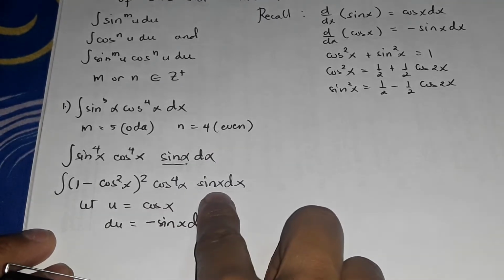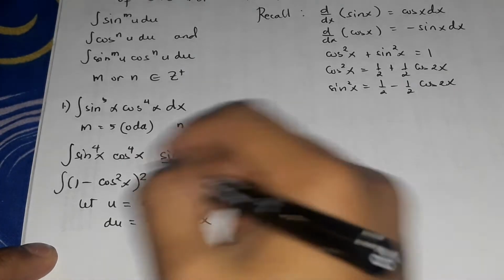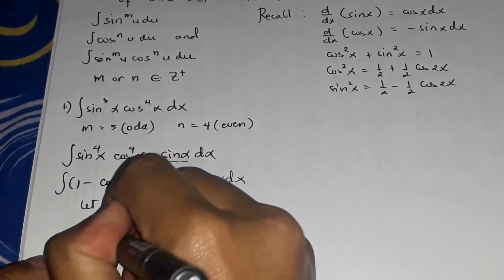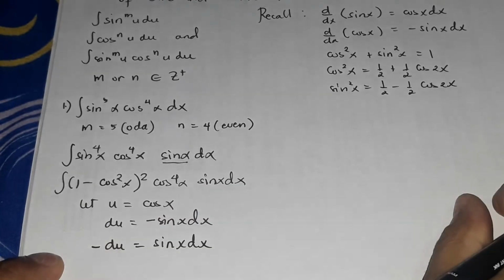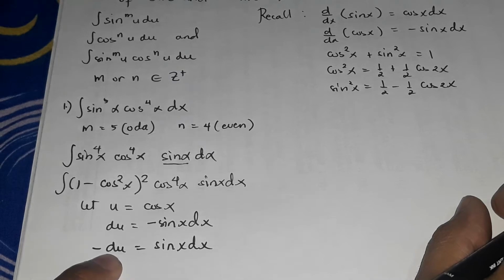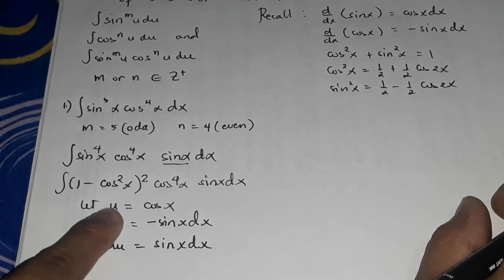Obviously, this is only sine x dx, so we need to get rid of this minus 1 by multiplying negative 1 on both sides, leaving us with negative du equals positive sine x dx. So we now have our u and our du, and we are ready to replace this in terms of u.